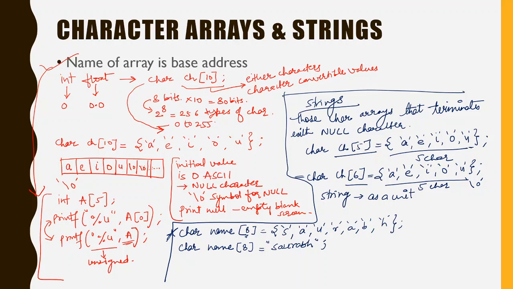What you have to remember is that if you are taking 7 valid characters, you have to take an array large enough to store 7 characters plus one for the null character. So a minimum of eight spaces are required to store it in the form of a string. This is another method, using double quotes.